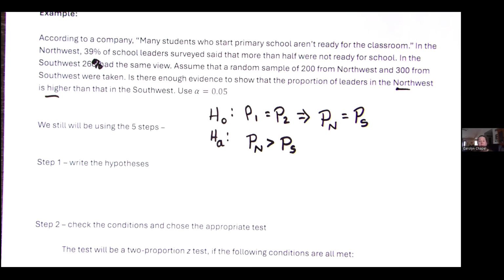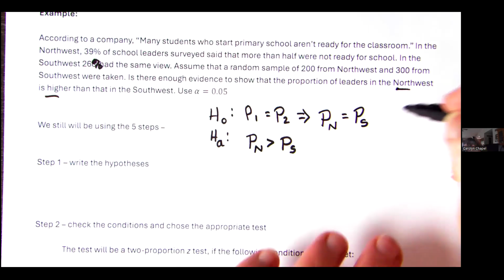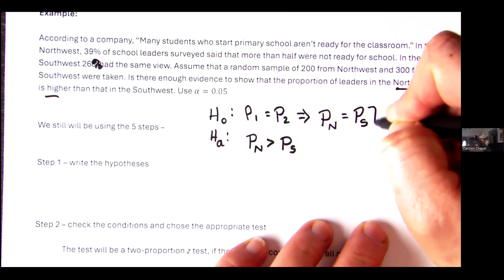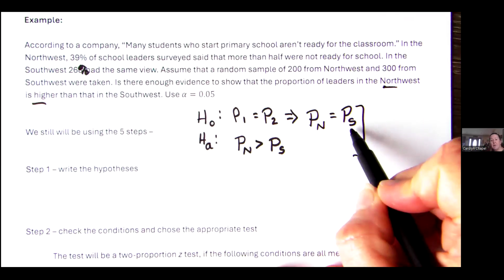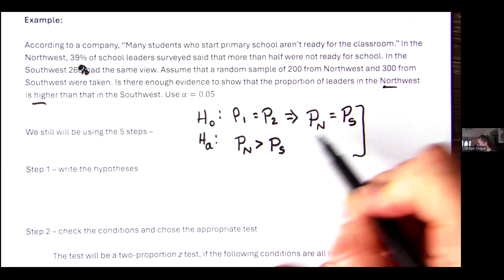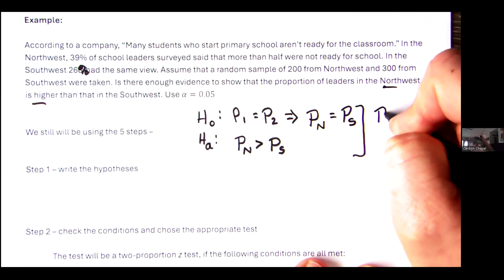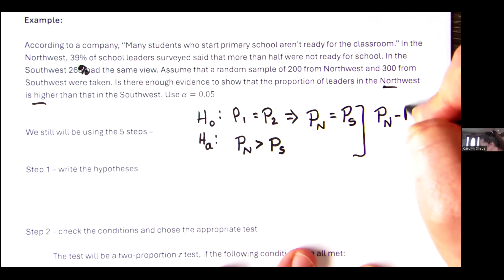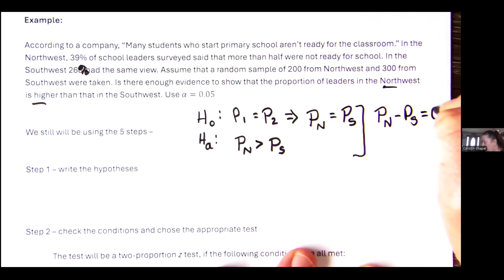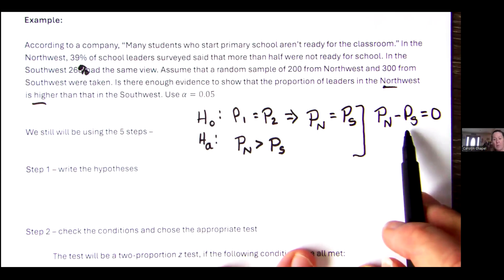Now, we do call this the difference of 2 proportions because what we usually do is take these 2 pieces and basically take this variable and put it on the other side. So to do that, I'm going to have to subtract it. So this is where that idea of difference in proportions comes from.